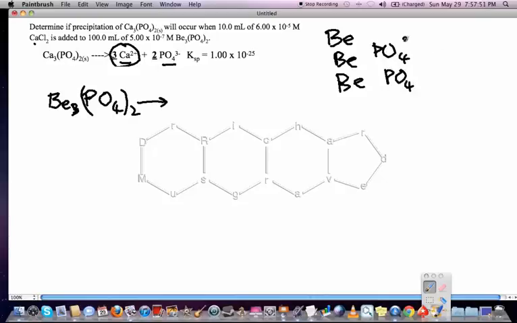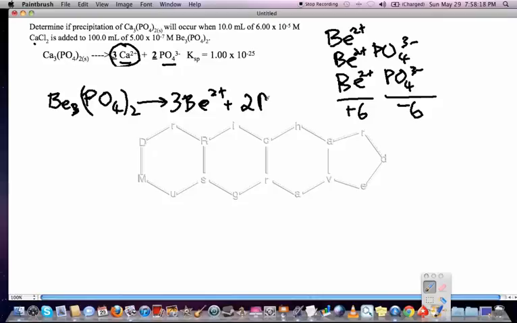Now if we know that the charge on PO4 is 3 negative and 3 negative, that means we've got a total here of negative 6. That means that the positive side must be positive 6, and in order to make that positive 6, each of these is going to have to be a 2+ charge. So now we've got our broken apart compound, so it's 3 Be2+ and 2 phosphates. Now we're not interested in the beryllium, all we're interested in is the phosphate.